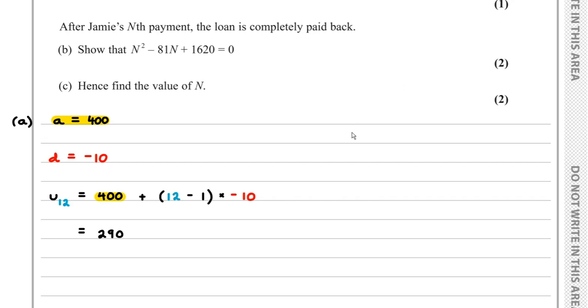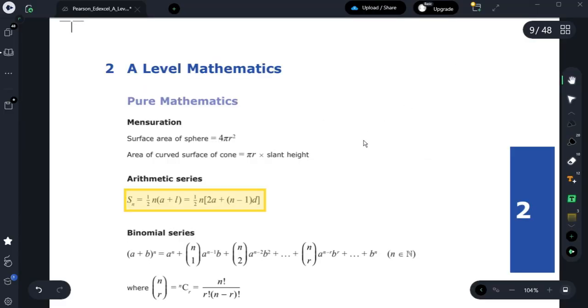So we have to consider the sum of the arithmetic series. That is, Sn equals 1/2 n multiplied by (2a plus (n minus 1)d), where a is the first term and d is the common difference.